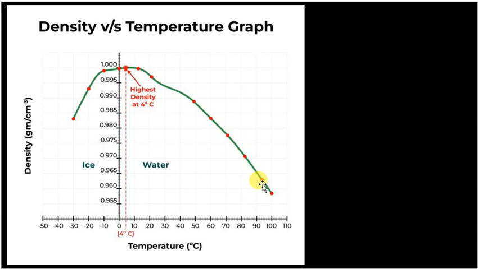Higher density means that the molecules are more packed in, but lower density means that the molecules are a little bit more spread out. So when the temperature goes up and it becomes hotter, the molecules move faster and they have to spread out. Therefore the density goes down. It starts at 1 and goes down to about 0.965.